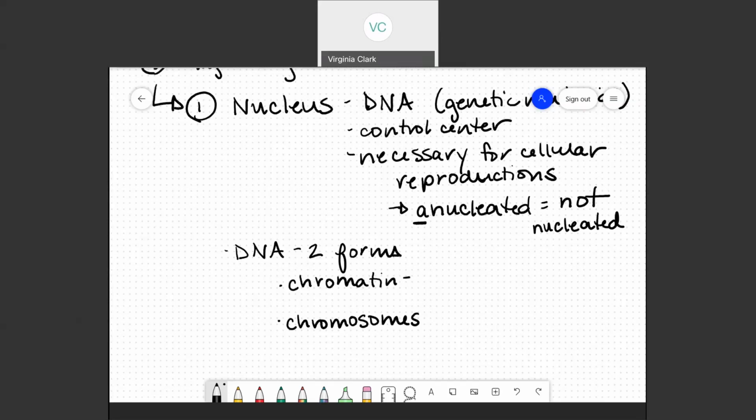We're going to talk through these specifically. So the DNA comes in two forms. Chromatin is where there is no division occurring. Your DNA is not getting ready to divide. The way we know that this DNA is in its chromatin form is that the DNA is loose and dispersed.